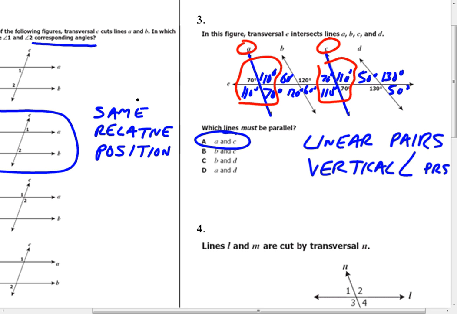Kelly? Could you also say alternate exterior? Sure. Sometimes there's so many lines you might get confused. She's saying that this angle and this angle, if you just focused on those two lines and the transversal, that would be alternate exterior. You could say that also.